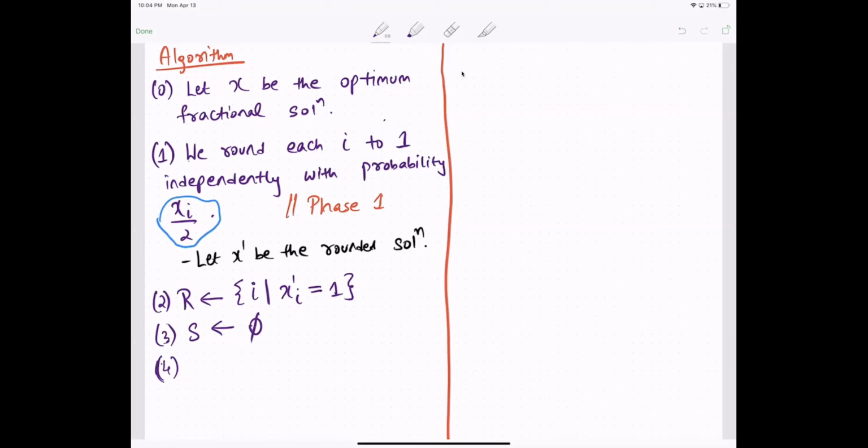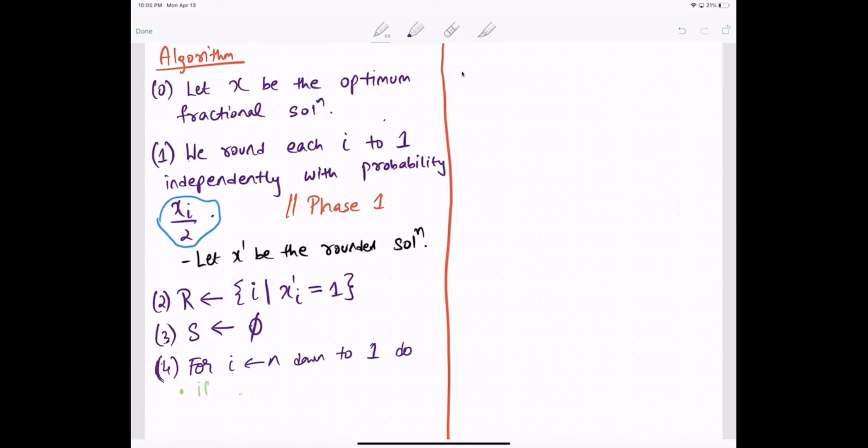So now run a for loop for I from n down to 1. You check two things actually.